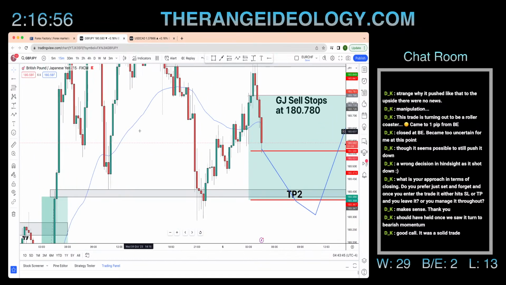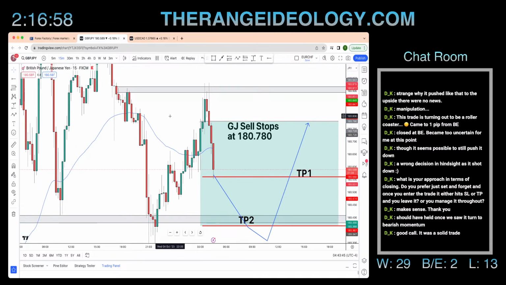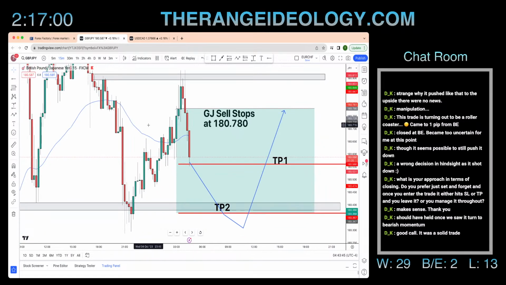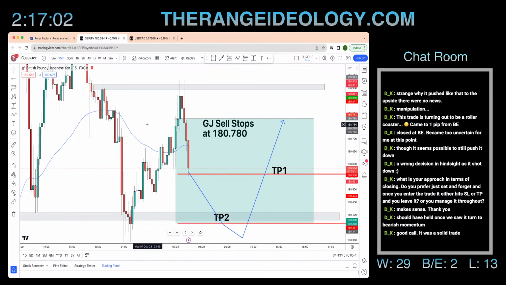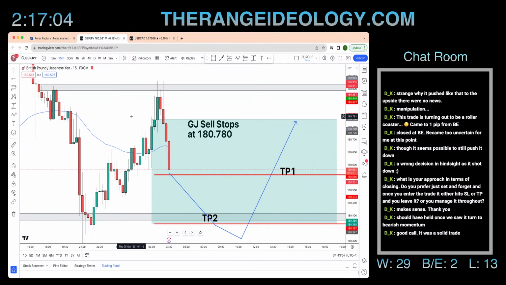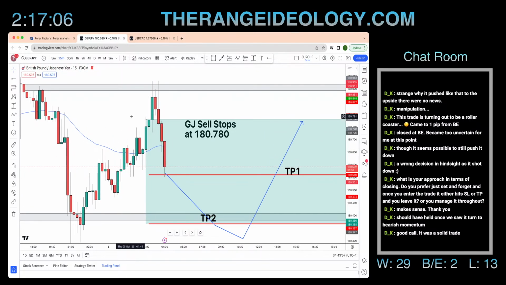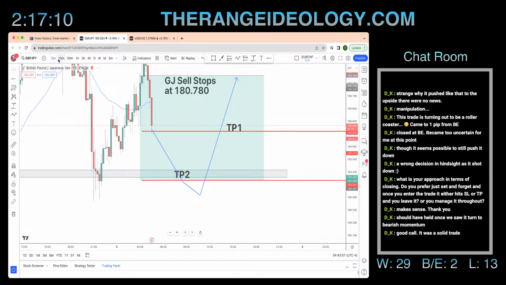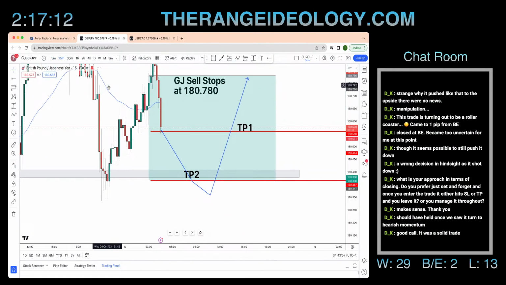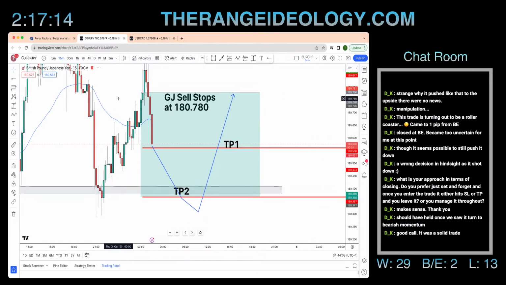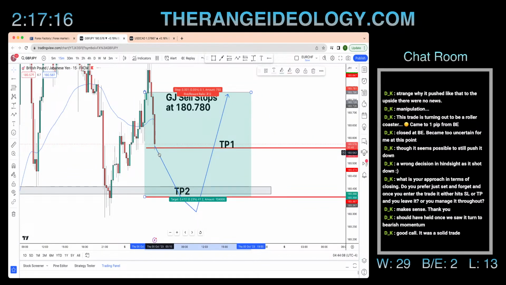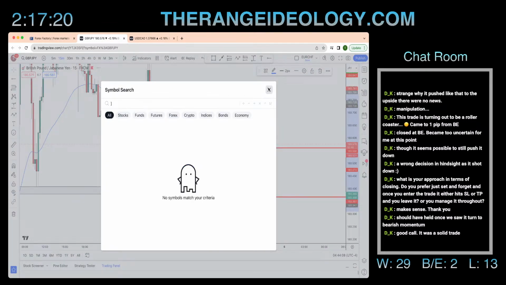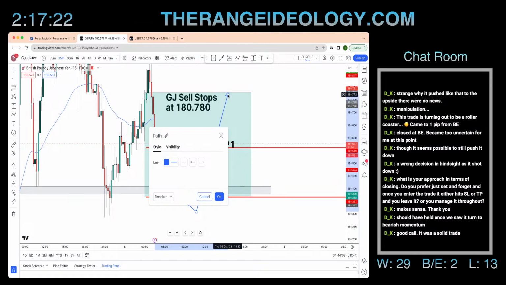It may be that the new 4-hour candle is in a new range, and you have to adjust and modify to that. All right, let's go, GJ. We need a push down now. So we're closing in on GJ now with a new 50-minute candle. Let's see. Let me close this.